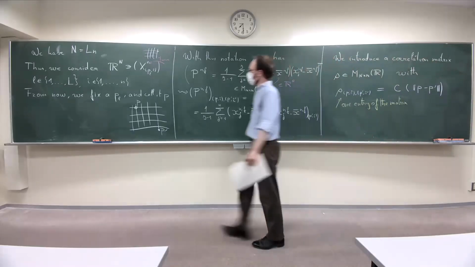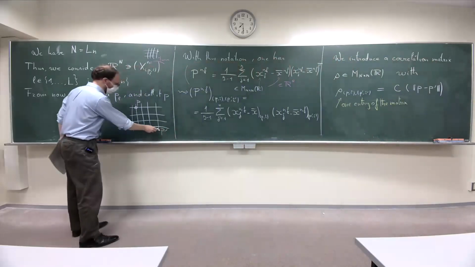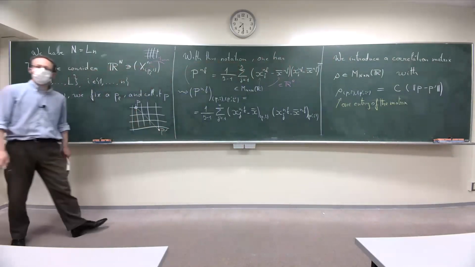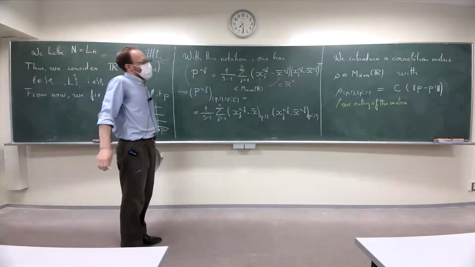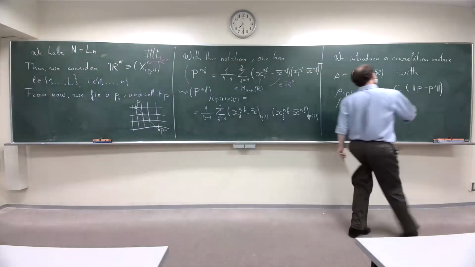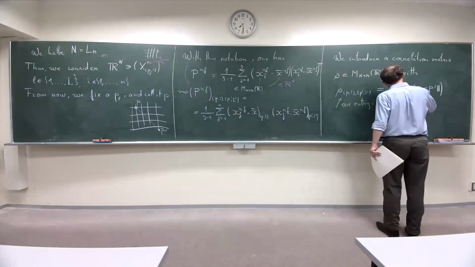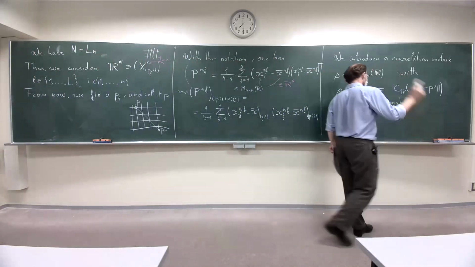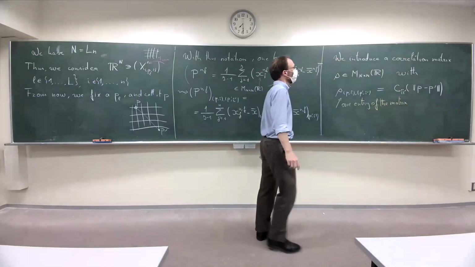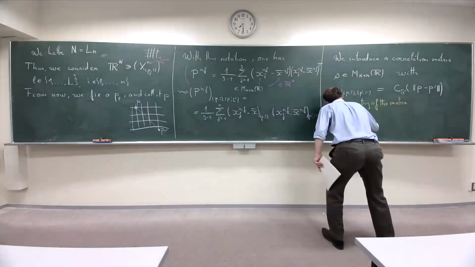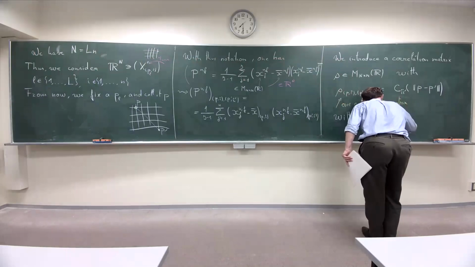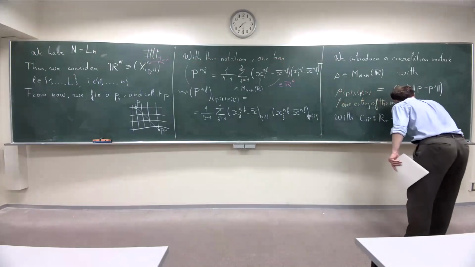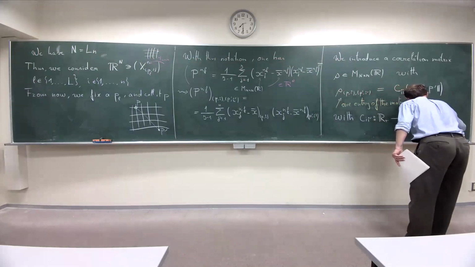I want to introduce a function which gives me information about the distance between P and P prime. And I can have a dependence on i and i prime. I will explain why in a second. So with this C i i prime, it's a function from R plus to 0, 1.